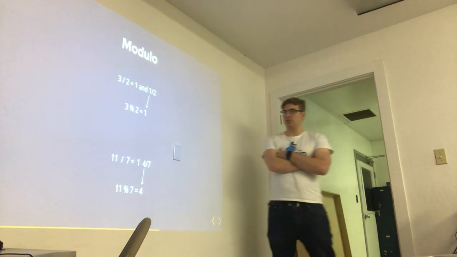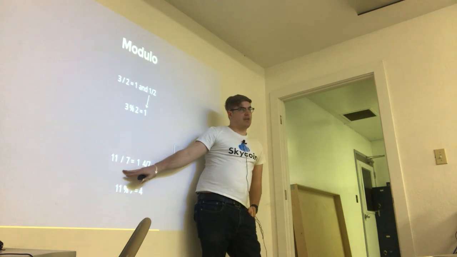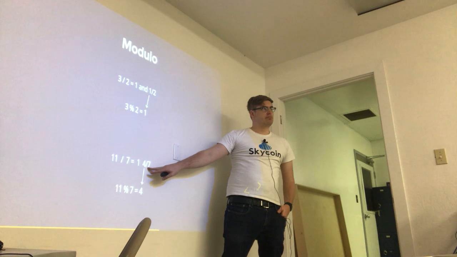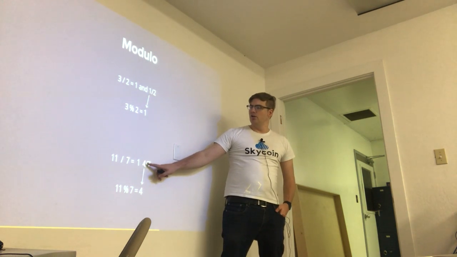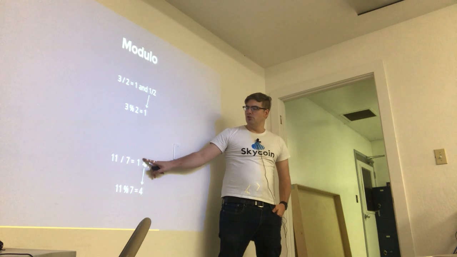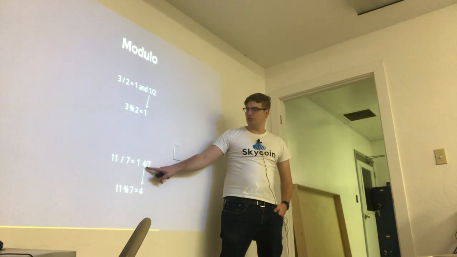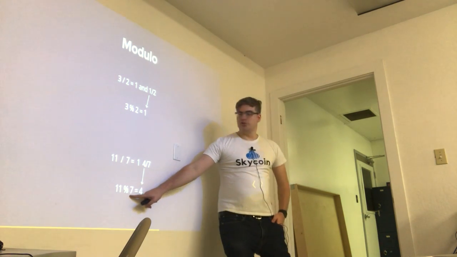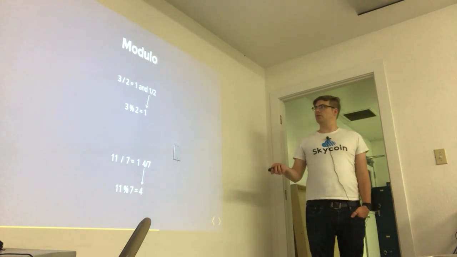Okay, cool. All right, so then 11 divided by 7 is 1 4/7, right? 7 plus 4 is 11, 1 4/7, right? So the modulo would be the numerator of this fraction, the top of this fraction, which would be 4, right? 11 modulo 7 is 4. All right.